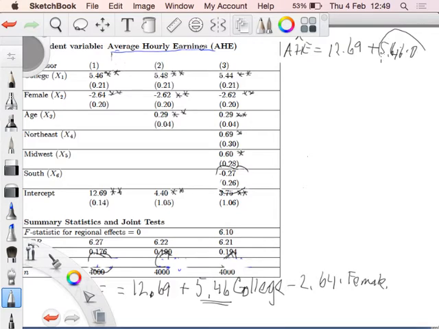So this is 0 because it is times 0. If a person has a college degree, plus 5.46, it will be times 1. So on average, a person with a college degree earns $5.46 per hour more than a person with just a high school degree. This is on average. This is the difference, $5.46 per hour.